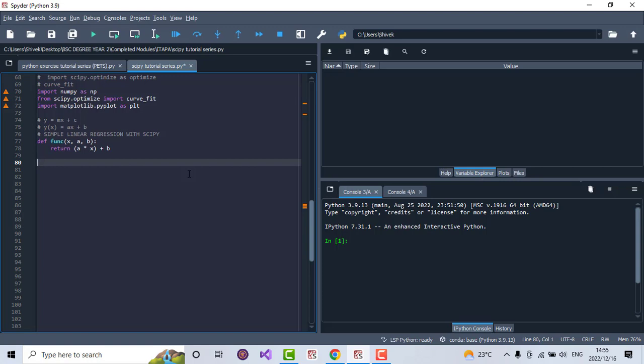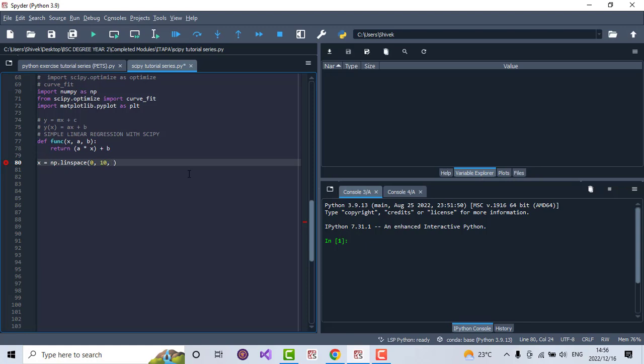The next thing I'd like to do is the data. So we have a straight line graph that we'd like to work with, but how can we plot a straight line graph without the data points? Now we need data points, we need to generate some. So what we can do is use the numpy linspace function. This is a function we spoke about in the numpy tutorial series.